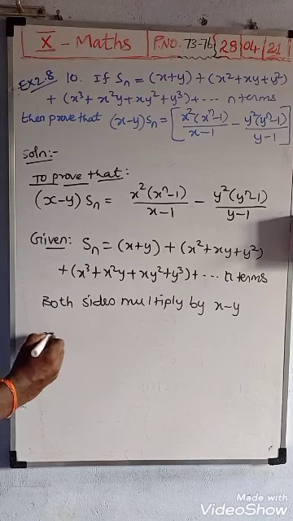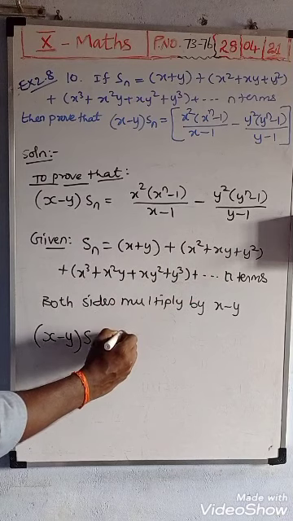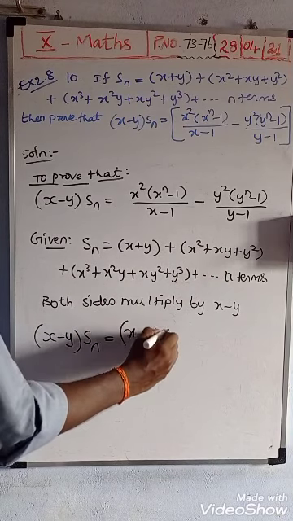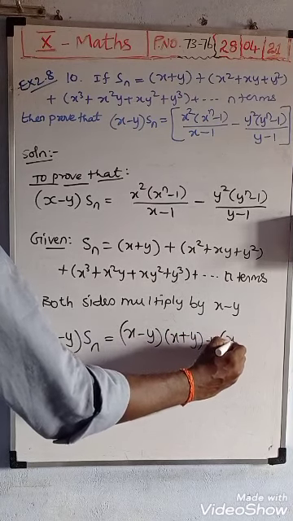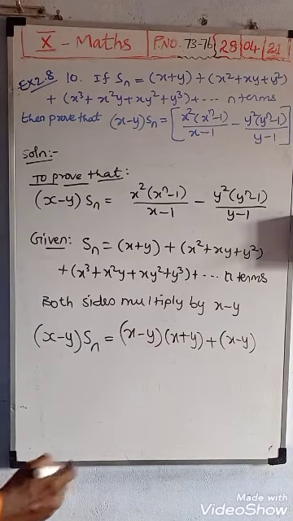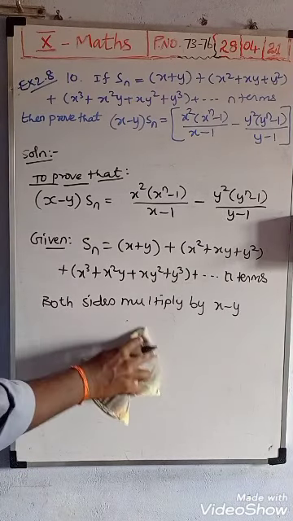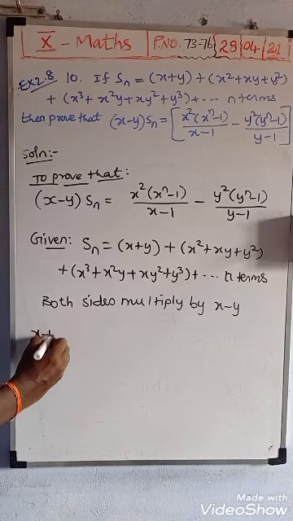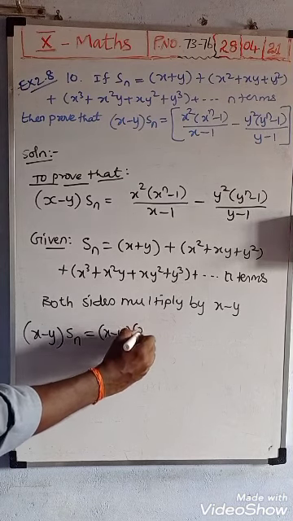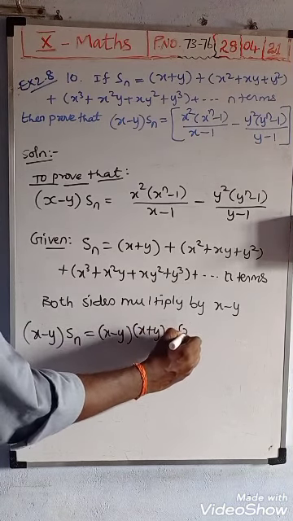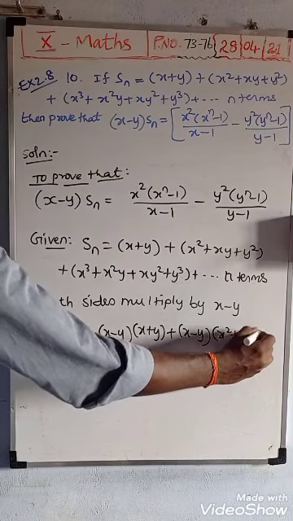So multiply means the left hand side is x minus y of Sn, equal to, each term you should multiply with x minus y. So x minus y of x plus y, plus the second term x minus y of x squared plus xy plus y squared.